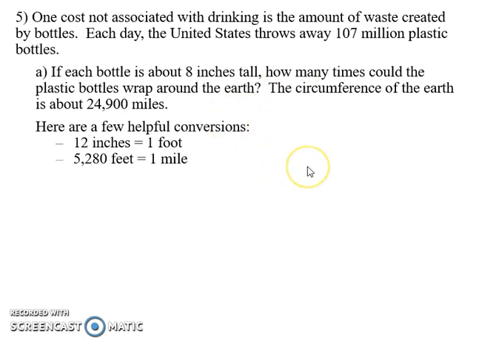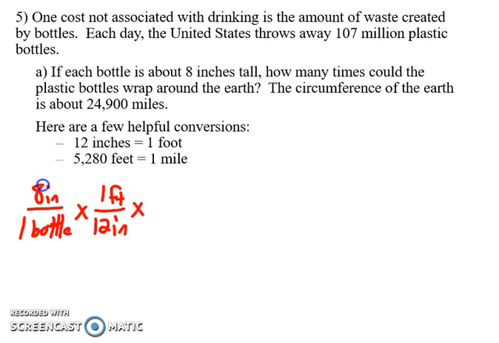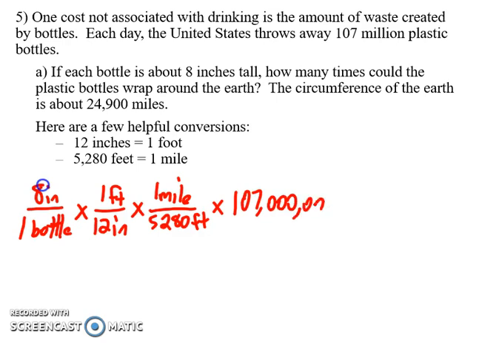So we could say that 8 inches is one bottle, and we know that there's 1 foot and 12 inches, and we know that 1 mile is 5,280 feet, and then we know that we have 107 million of these bottles that we're looking at.